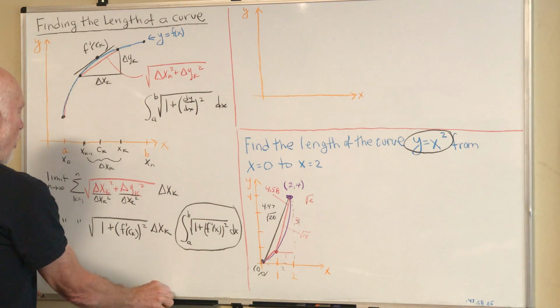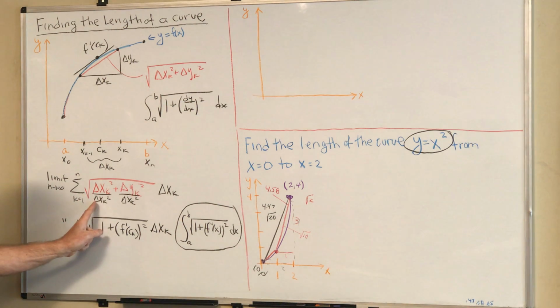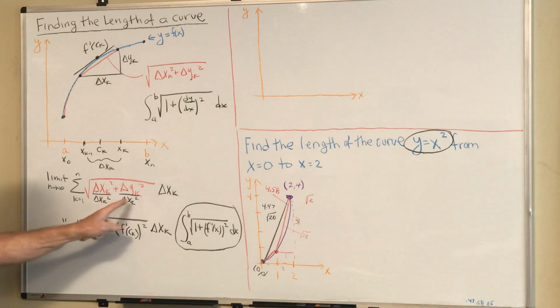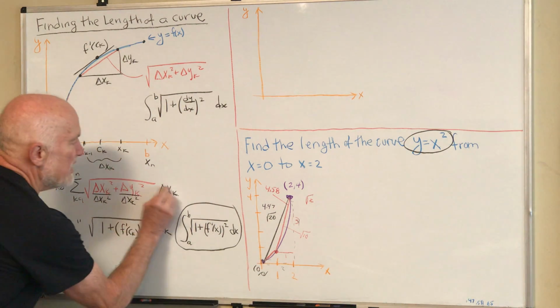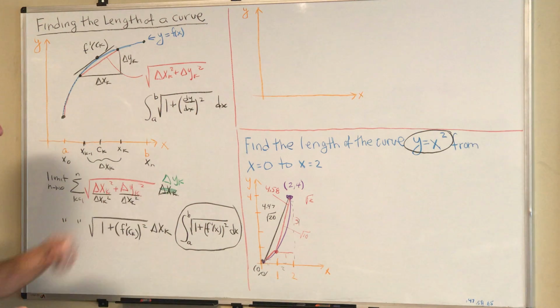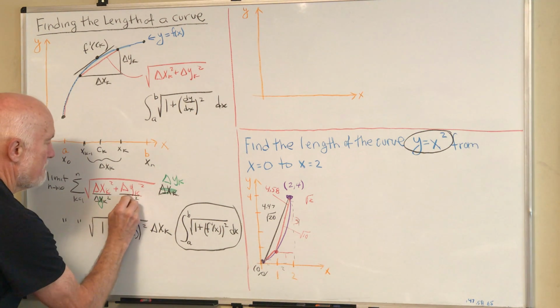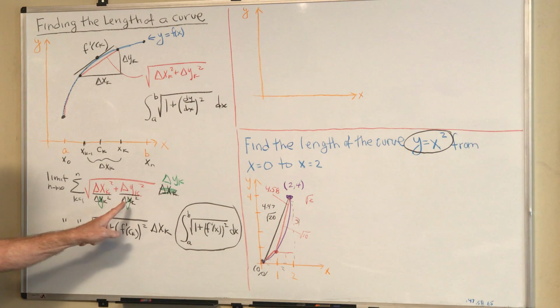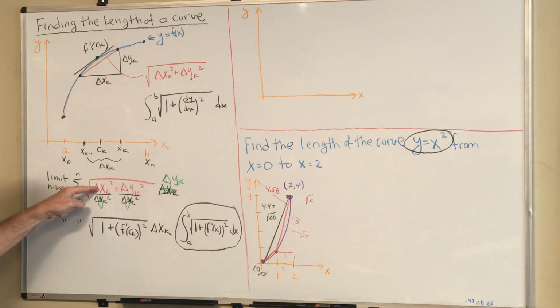Without going through the whole thing, I can show you really quickly what you would do. Instead of dividing here by delta x sub k, we could just divide by delta y sub k and multiply by delta y sub k. And the only difference is, now you get 1 here, and you'd have delta x sub k over delta y sub k squared.